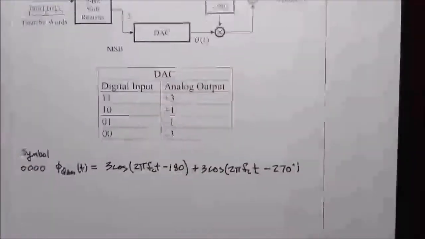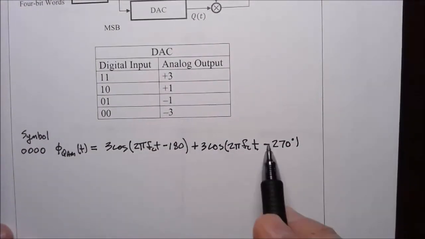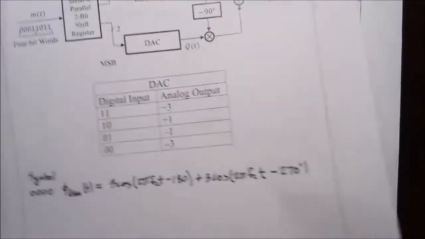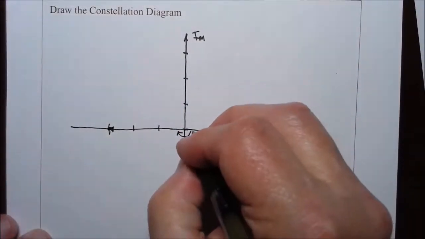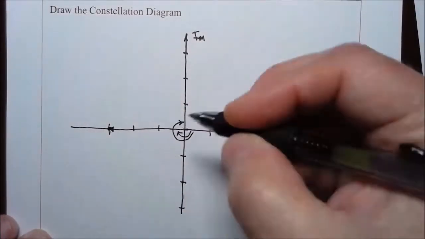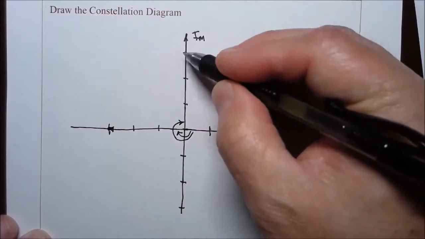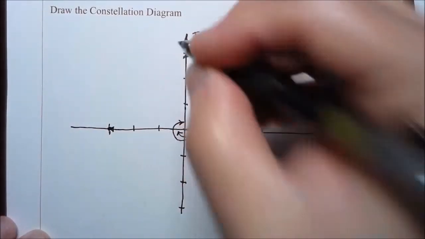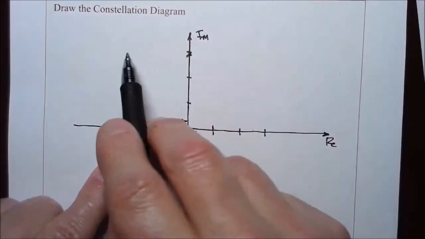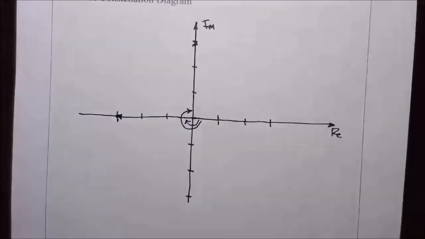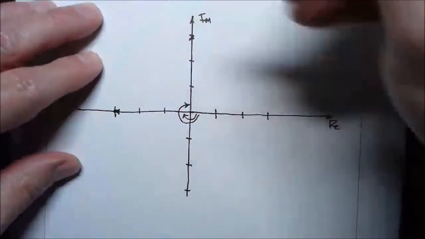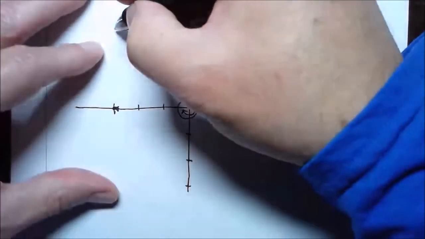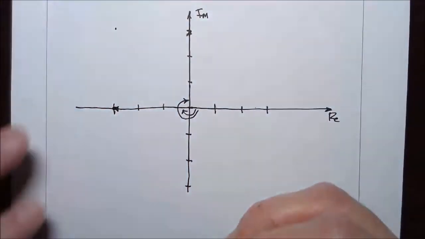The next has an amplitude of 3 and an angle of minus 270 degrees. So minus 270 degrees and a magnitude of 1, 2, 3, and this is a vector that points to that point. When we add the two vectors together, we get a point that falls right there.